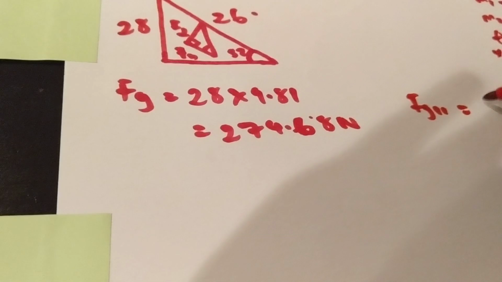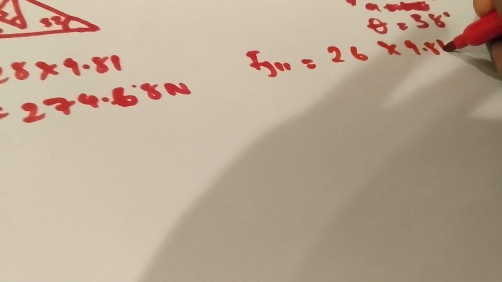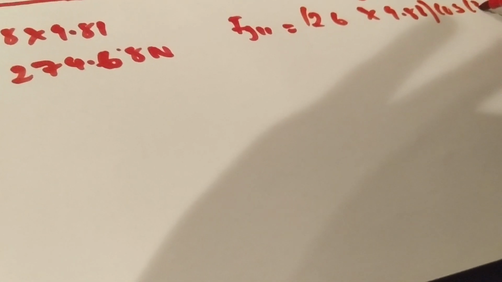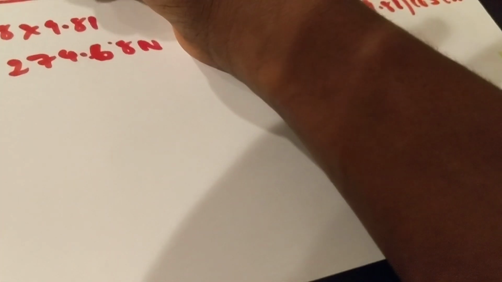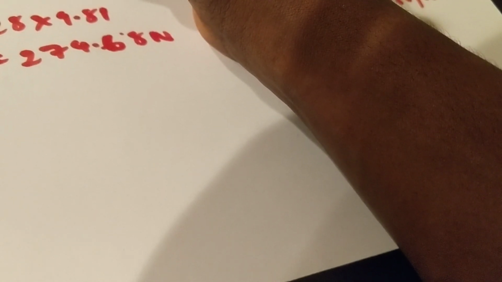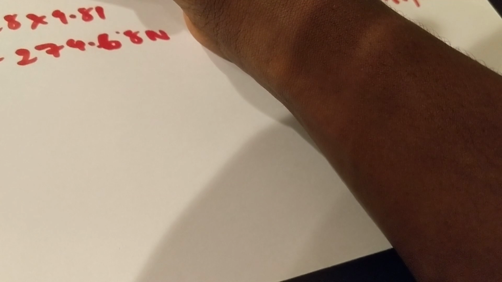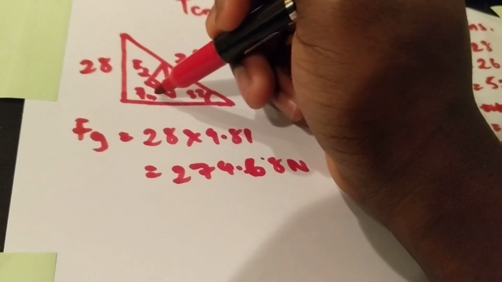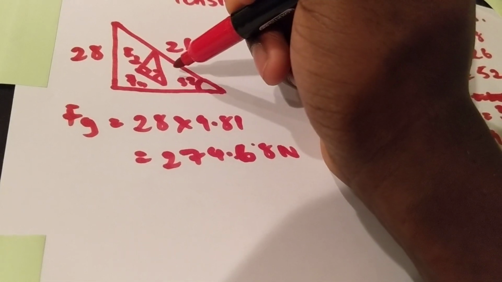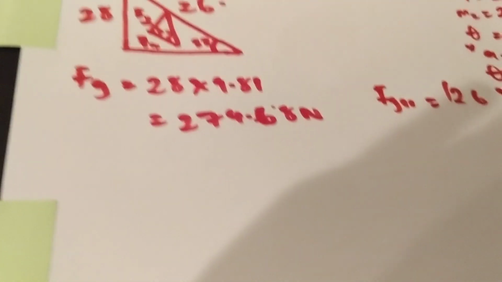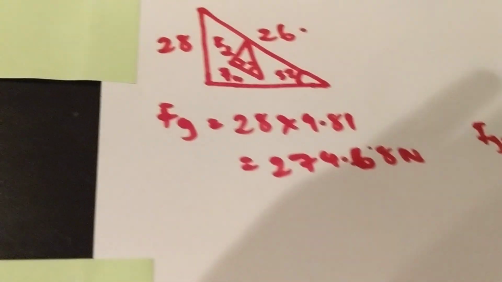Because it's parallel, we have Fg parallel equals 26 times 9.81, in brackets, cos of 38 degrees, because this is going to be adjacent over hypotenuse, which is cos, and the angle in here is 38 degrees. So adjacent, which is the F parallel, is the cos due to SOHCAHTOA.